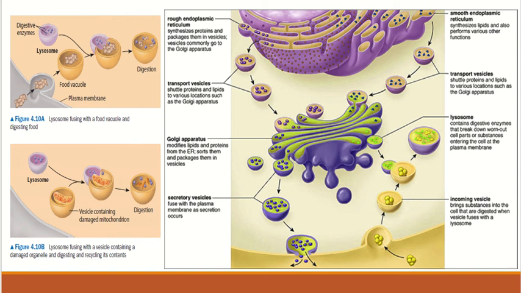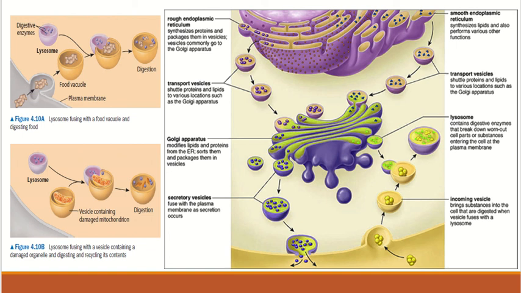So first, you have here the rough and smooth ER, and as their products are being distributed to the transport vesicles, such vesicles will now be transported to the cis side, the receiving side, or the cis Golgi network of the Golgi complex, and as it is being packaged and modified during their transit throughout the whole Golgi complex, eventually they will bud off from the Golgi complex as secretory vesicles, which then fuses with the plasma membrane as a secretion.